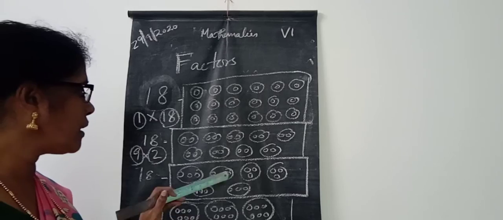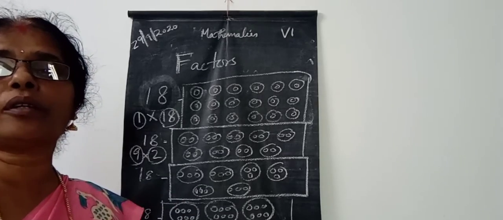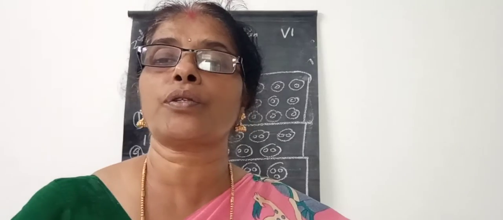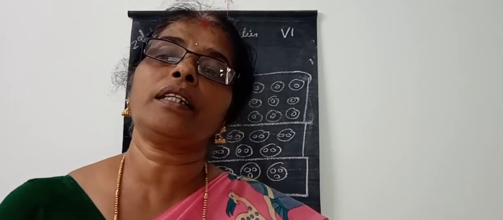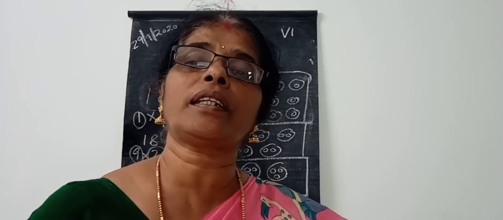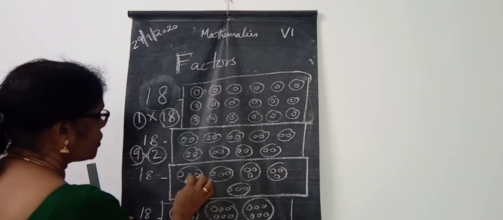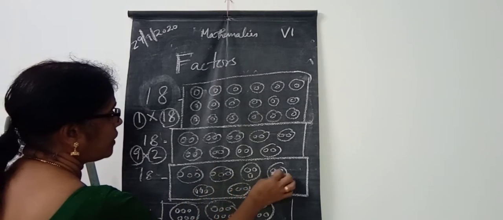And another way I thought about: I have to give 3 sweets to each child. If I give 3 sweets to each child, how many children get it? 3, 3, 3, 3, 3, 3.